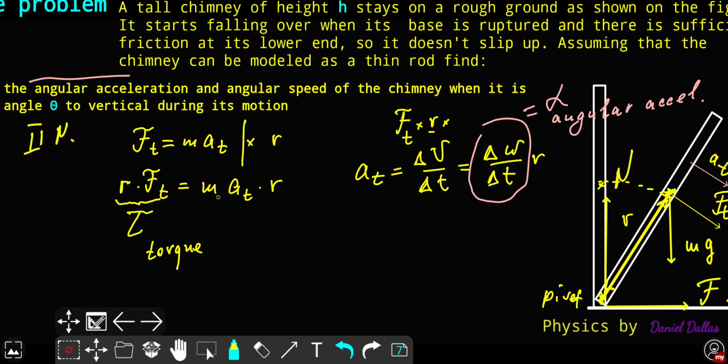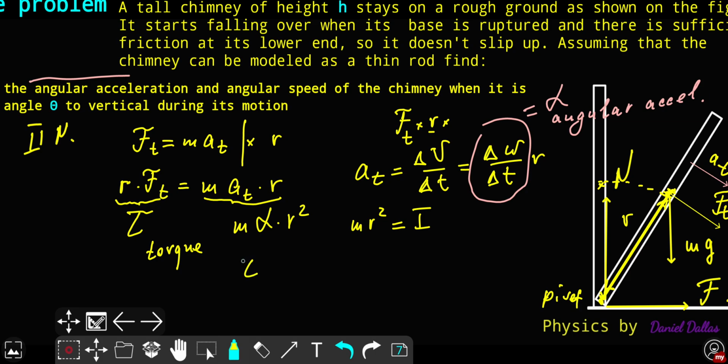So that's why here we are going to have m times alpha times r squared. But again, we keep track of the point mass. So we can rearrange m r squared as the moment of inertia for a given mass.